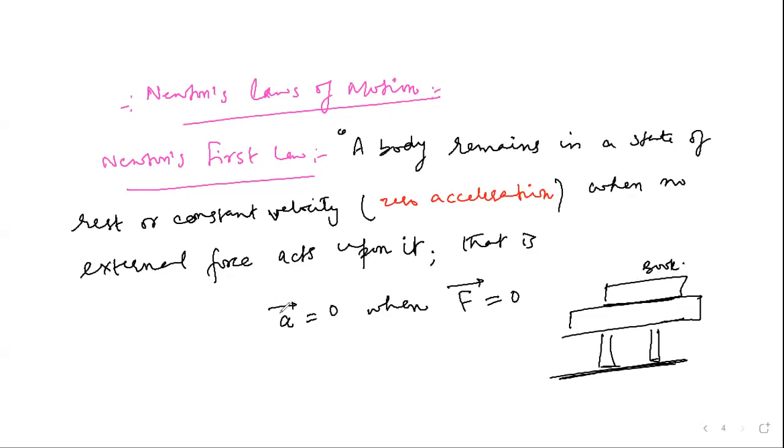Actually, when we say no external force acts on it, that means either there is no force on it or many forces are acting on it, which vectorially cancel out, right? So sometimes we write no net external force.